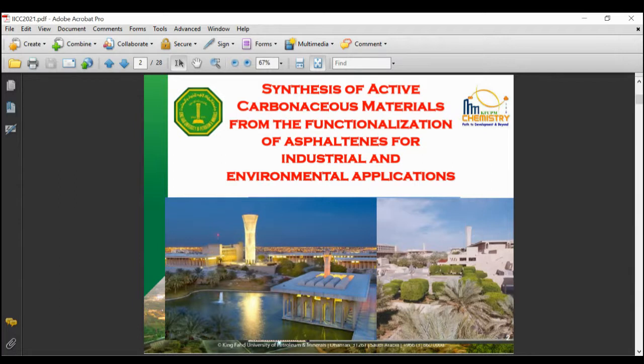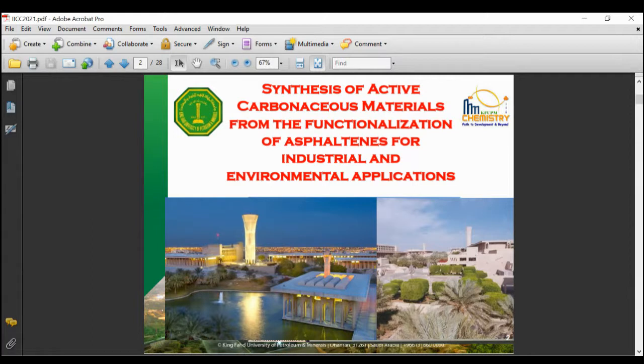What I have studied in the last 20 years or so is that we try to precipitate by adding a non-polar solvent, which is alkanes. Once we add the alkanes, the highly polar molecules present in the crude oil precipitate out, and those highly polar molecules are called asphaltene.